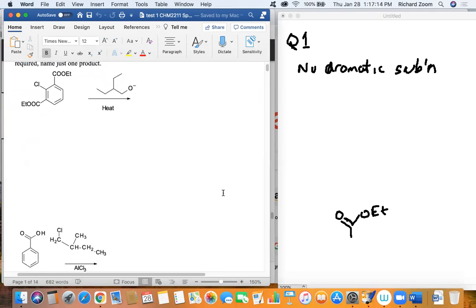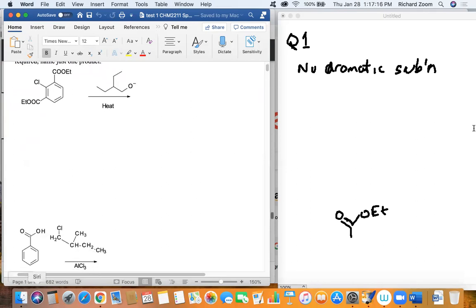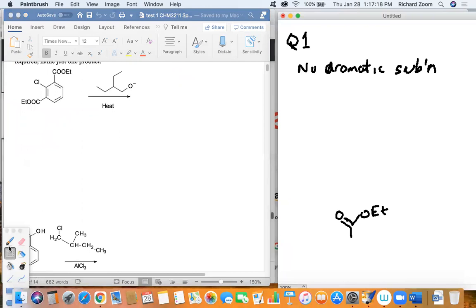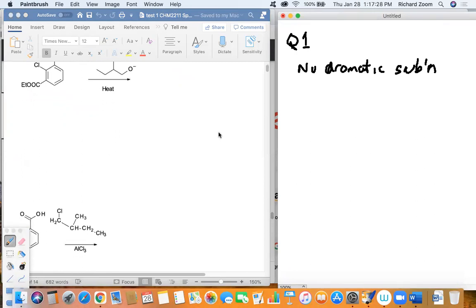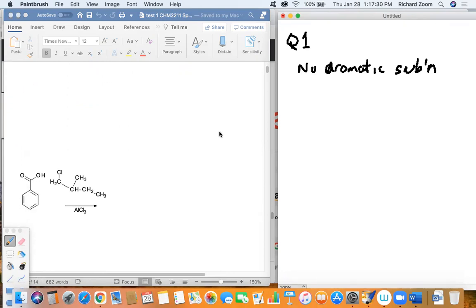Okay. Let me cross this out down here. So nucleophilic aromatic substitution. You'll get a Friedel-Crafts acylation with rearrangement.